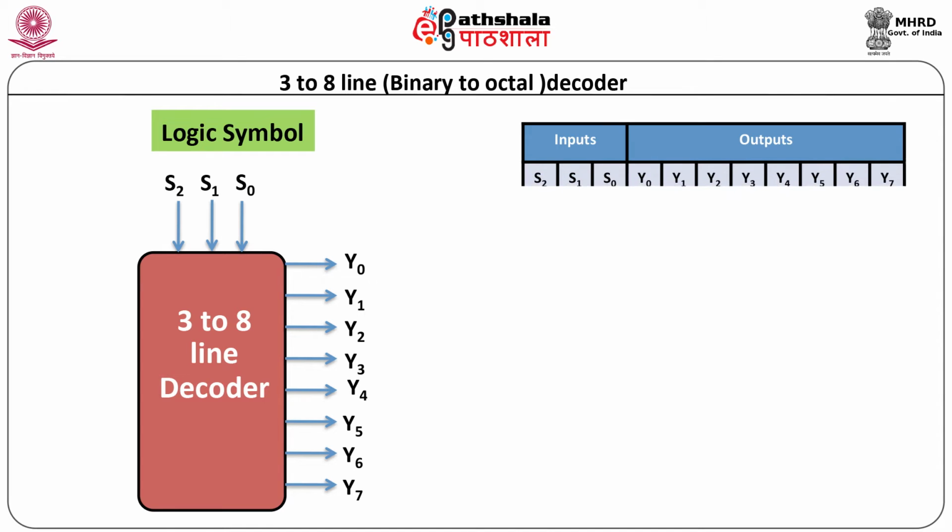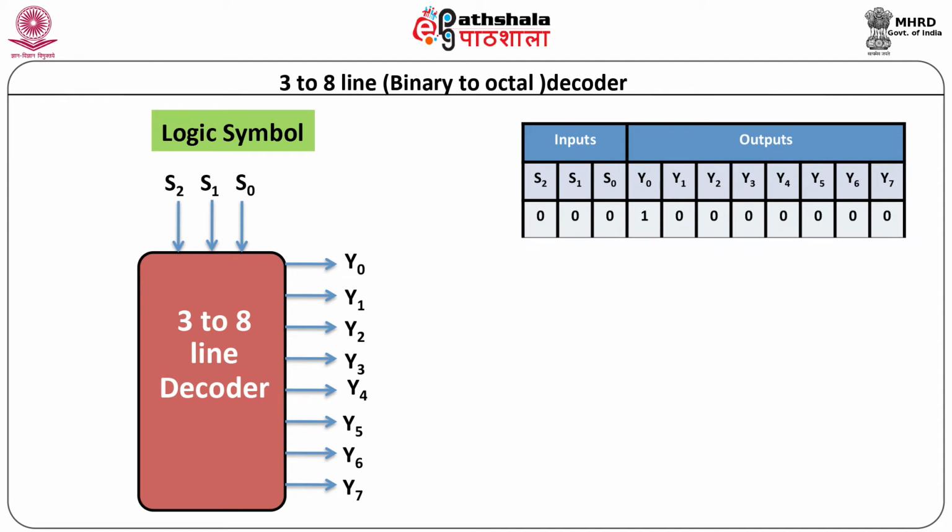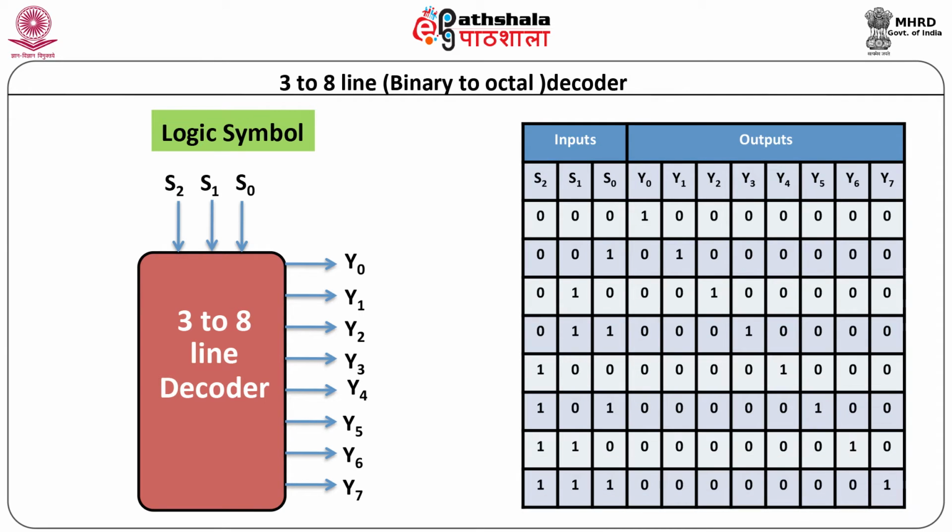In this table, the input is 3-bit binary code. This binary code makes only the respective output high and other outputs will be inactive, that is low. So, for example, when select inputs are 0, 0, 0, then the decoder generates only Y0 as 1 and other outputs will be 0.